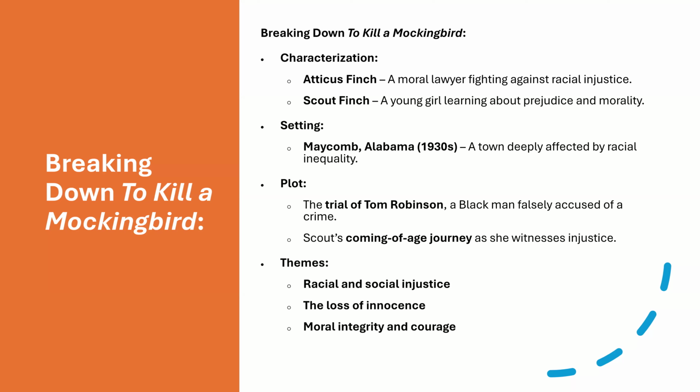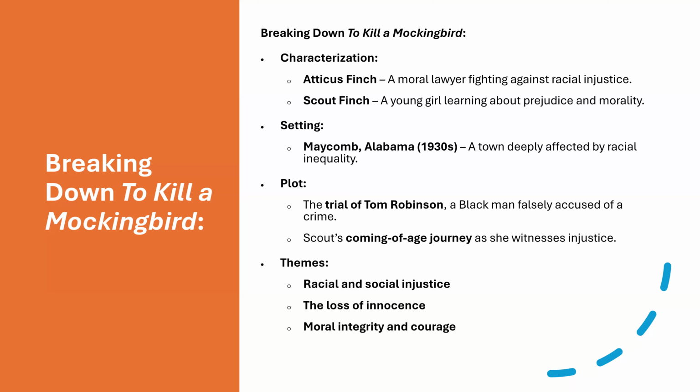So yeah, it's set in Maycomb, Alabama in the 1930s, a town that was deeply affected by racial inequality, and you can imagine Jim Crow Alabama. And the plot was the trial of Tom Robinson, a black man falsely accused of a crime.